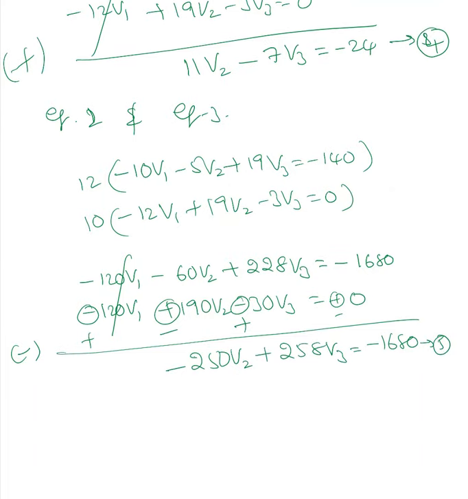Now equation 4 and 5. So equation 4, I have 11V2 minus 7V3 equal to minus 24. Let me simplify these two equations.